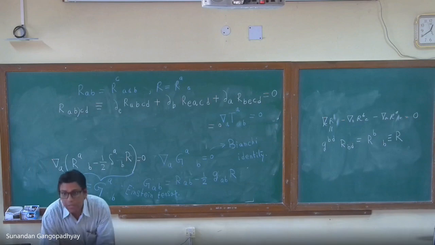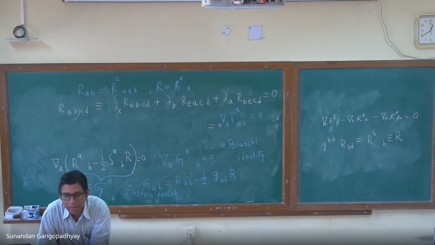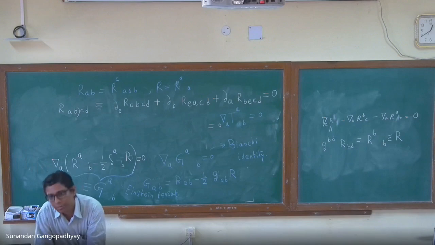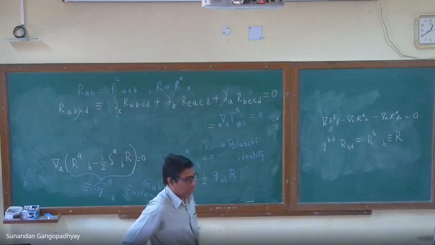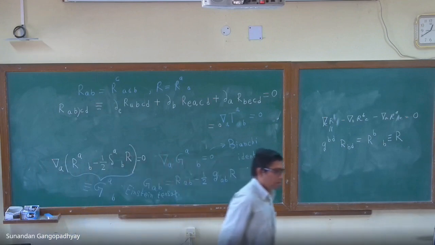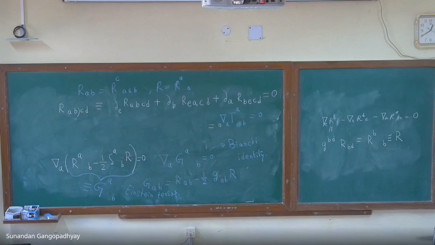It must be covariantly conserved, because in a curved space-time you have to get covariant transformation laws. All the partial derivatives should be replaced by covariant derivatives. See, energy momentum conservation is something sacred.